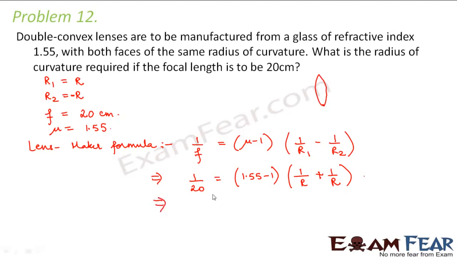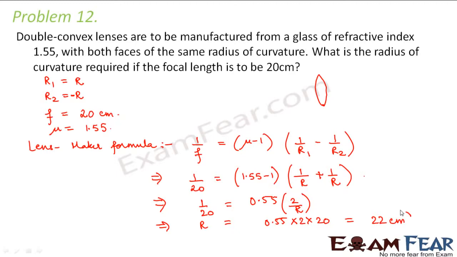Therefore, 1 by 20 is equal to 0.55 into 2 by r. Or r is equal to 0.55 into 2 into 20, which comes out to be 22 centimeters. So this would be the radius of curvature required to make this double convex lens.